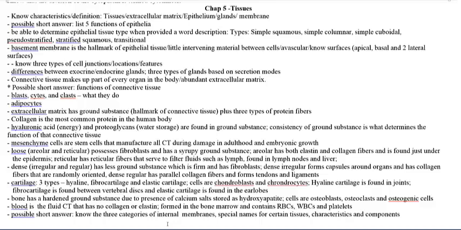For mucous membranes, we have a couple different types of epithelial tissue that can form the outer layer. The inner layer is an areolar CT, connective tissue layer, and it's known as the lamina propria.